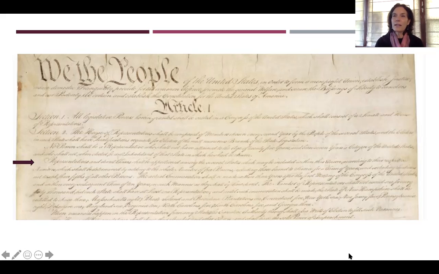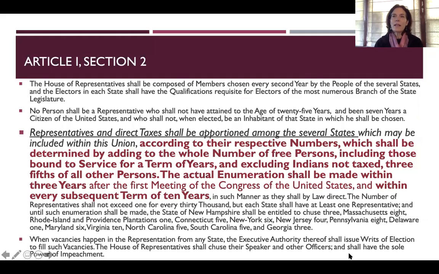So it's located in Article 1, Section 2 of the US Constitution. The census is described in the 5th paragraph of the Constitution and the 3rd paragraph describing the people's house, the House of Representatives, and the method for determining apportionment of representatives.